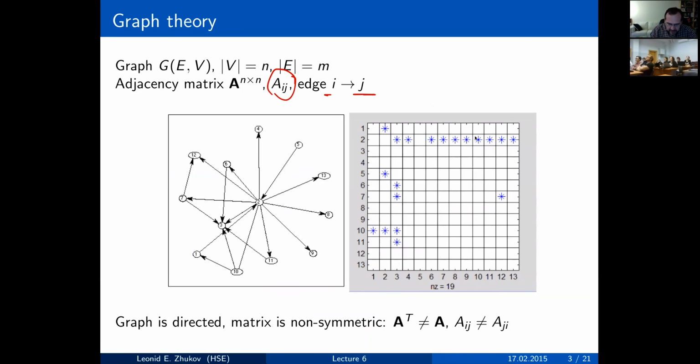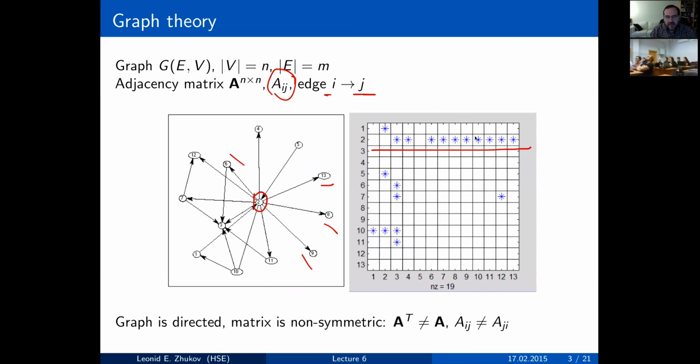For example, if we look at the picture here, node 2, the central node, is connected to multiple nodes, nodes 13, 8, 9, 6, and in this row, there are a lot of non-zeros.